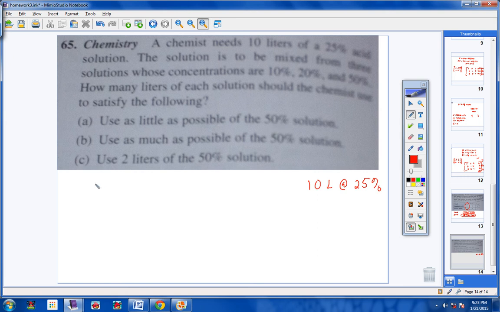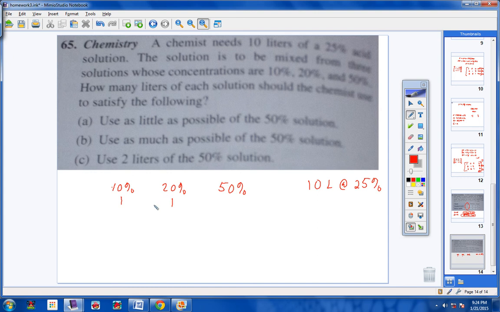Now, please listen carefully to me, okay? If you have 10%, 20%, and 50% solutions you can use, and you want to use the smallest amount of 50%, that means you want to use the most you possibly can from over here. Now, there's no way you want to use 10%. Listen to me, I'll tell you why. Let's say I took 1 liter of this and 1 liter of this.